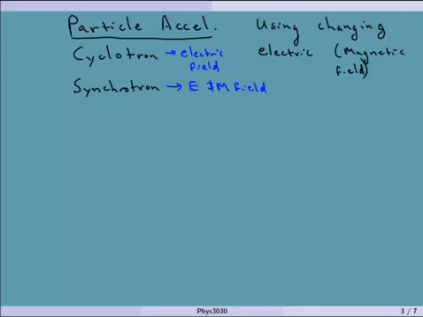And there are other different types of particle accelerators. And I don't want to talk too much about the details of how those exactly work. But the idea about these is that you use high energy particles to probe smaller and smaller structures.